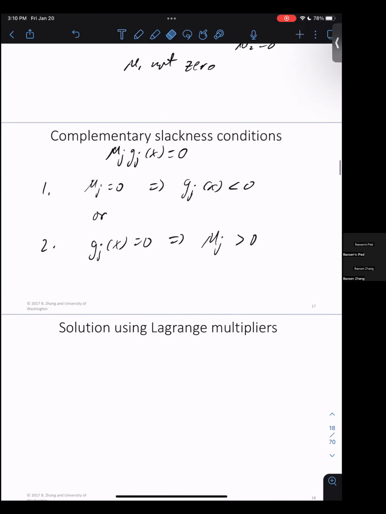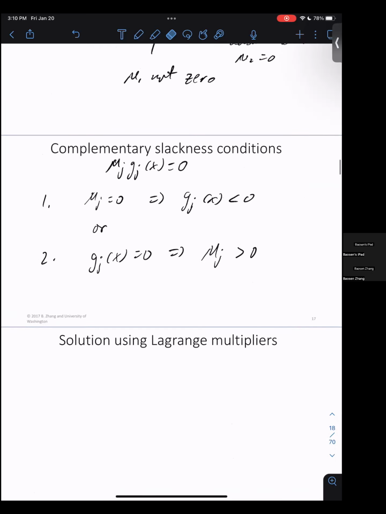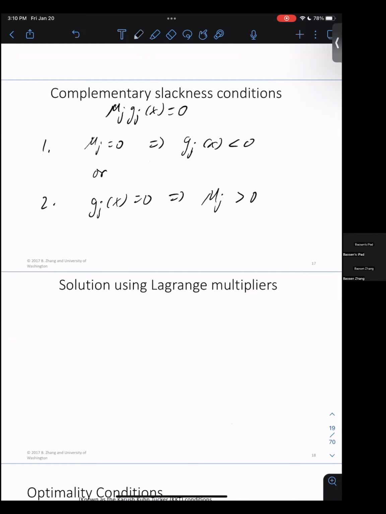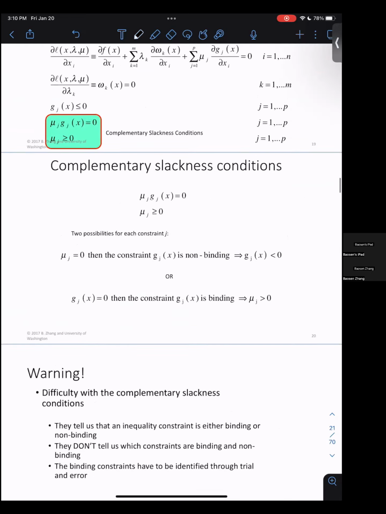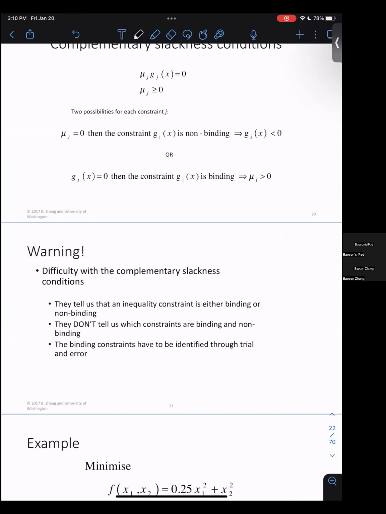So the solution using Lagrange multipliers, we cover this page. This is just writing out these conditions again. The thing to remember is that each inequality constraint is either binding or not binding.